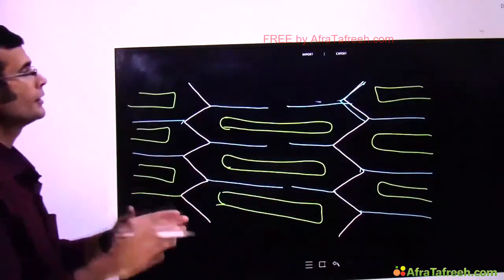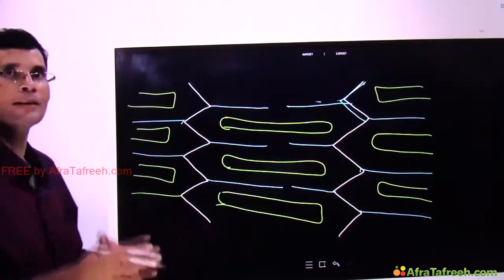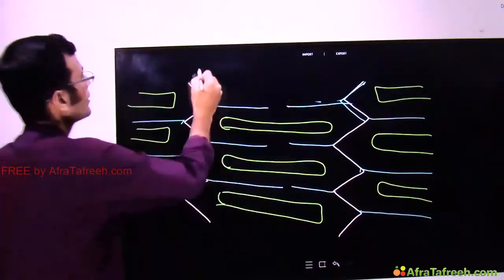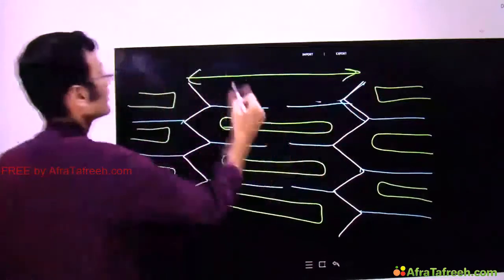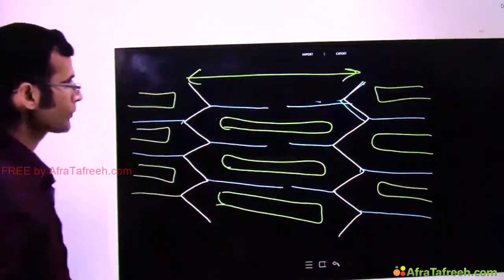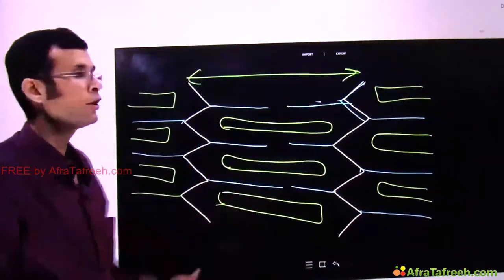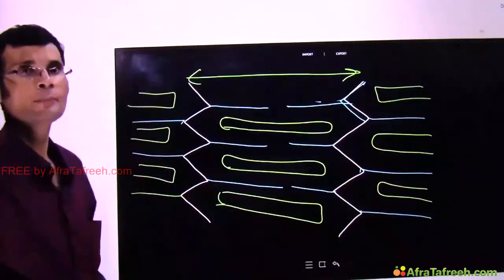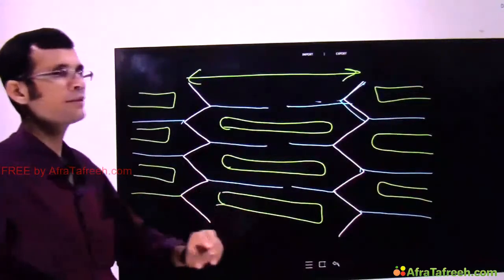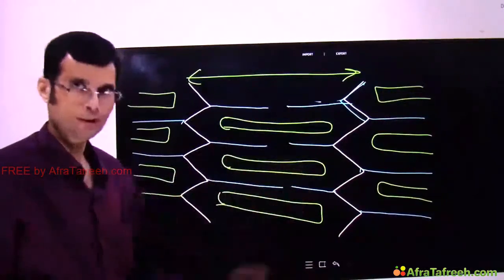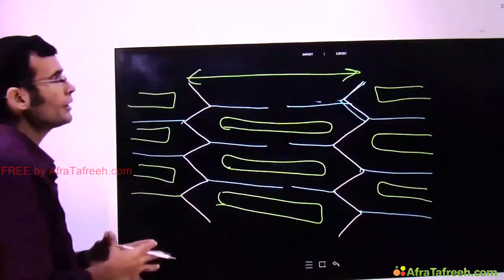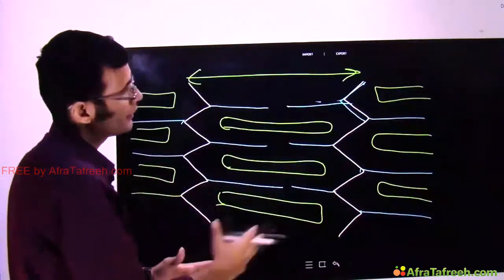let us discuss the length of the sarcomere. That's the first issue. Distance between two successive Z lines is the sarcomere. It is the structural unit of the muscle. Functional unit is rather the motor unit. Let's see that little later.